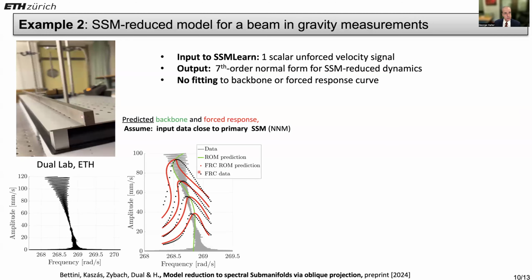And when you do that and you assume that fundamentally the data is near the primary spectral submanifold, then you see the prediction by the reduced order model for the backbone curve, which is in green here, and for the forced response is quite off from what you actually measure experimentally. Why? Because this was all based on the assumption that those fractional submanifolds don't matter. It's really the primary ones that we can use in reduced order modeling.